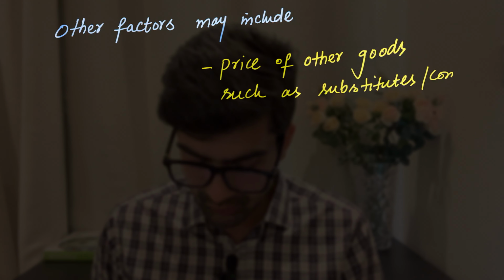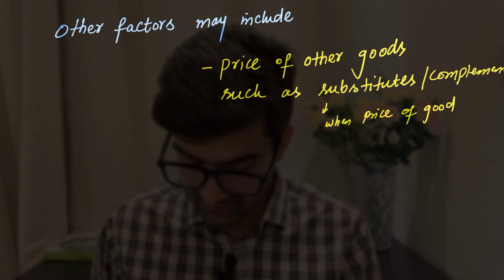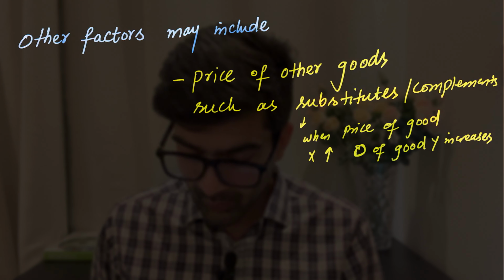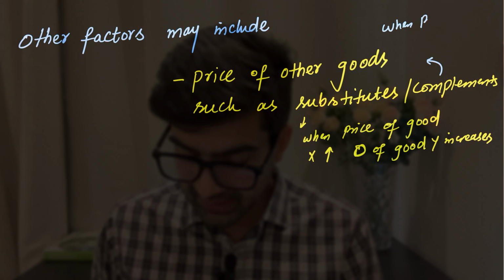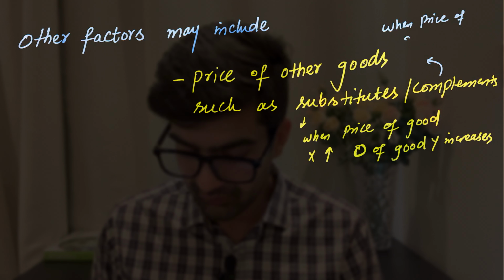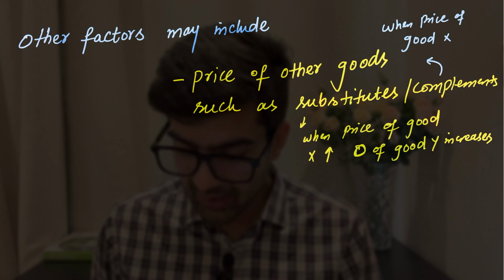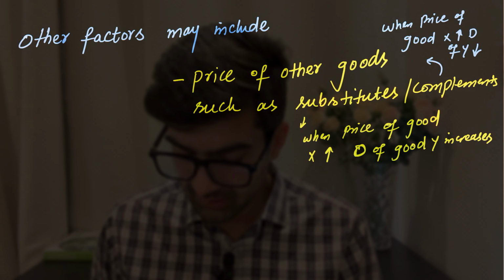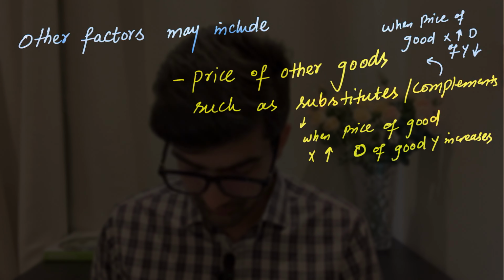Let's suppose we have two goods, good X and good Y. If the price of good X increases, the quantity demanded of good Y will increase. Whereas two goods are complements if an increase in the price of one leads to a decrease in the demand of another. Again, assume that we have two goods, X and Y, and if the price of good X increases, the quantity demanded, or the demand, of good Y would go down.